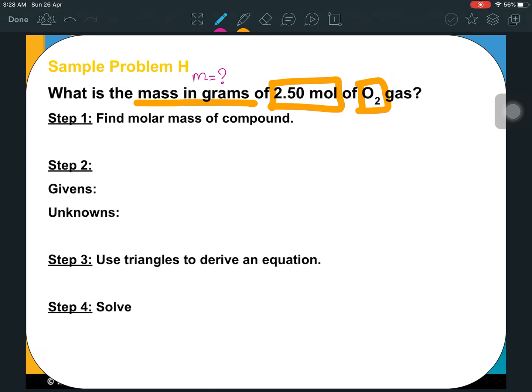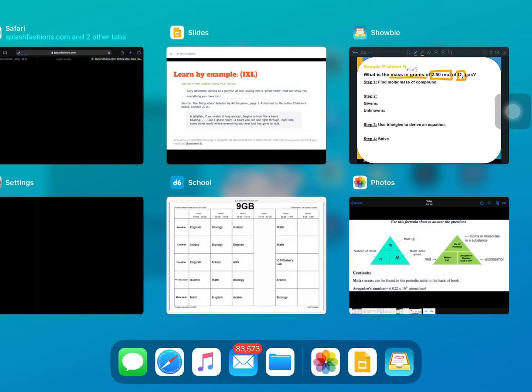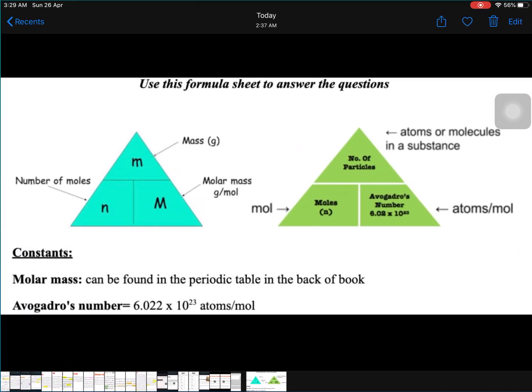Right now, this is not just oxygen, so I can't just go into the periodic table, take that number, and get started. I have to do a little bit more. I need to acknowledge that there are 2 oxygens here in the molecule O2.